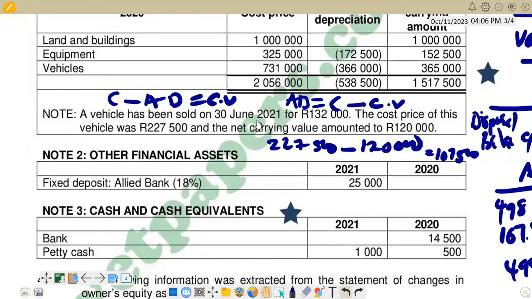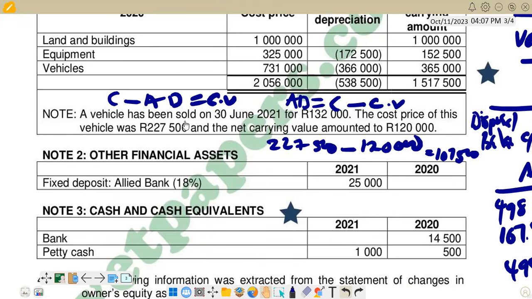Then the accumulated depreciation, we calculated it here, is 107,500, and it will come to the credit. And then the amount received, the amount that it was sold for on 30 June, 132,000, goes to the credit. So we are going to add these and see which one is the bigger side.